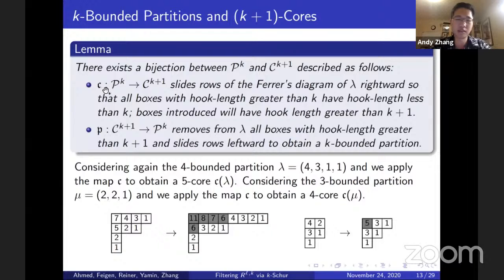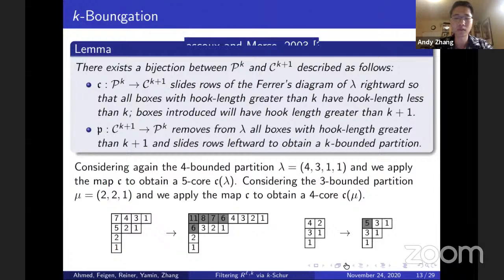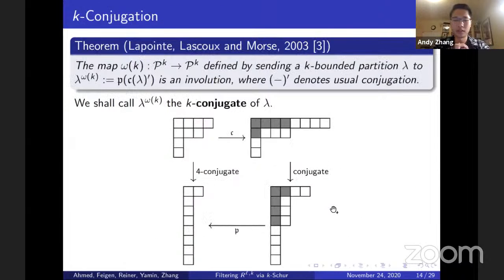The map C stands for core, and the map P stands for partition, and they are inverses of each other. So why am I introducing C and P? Because that's what we need to define the so-called k-conjugation.